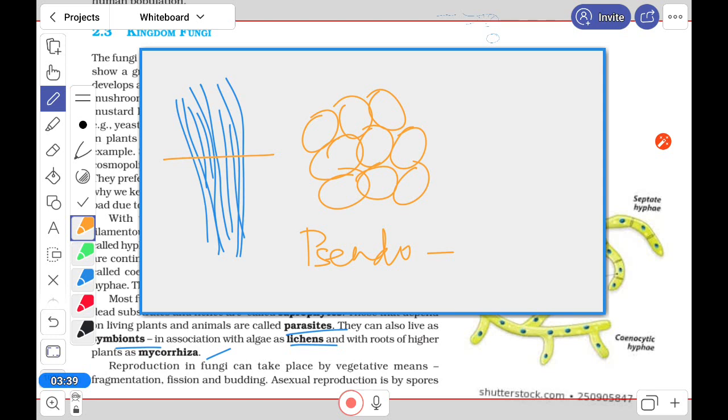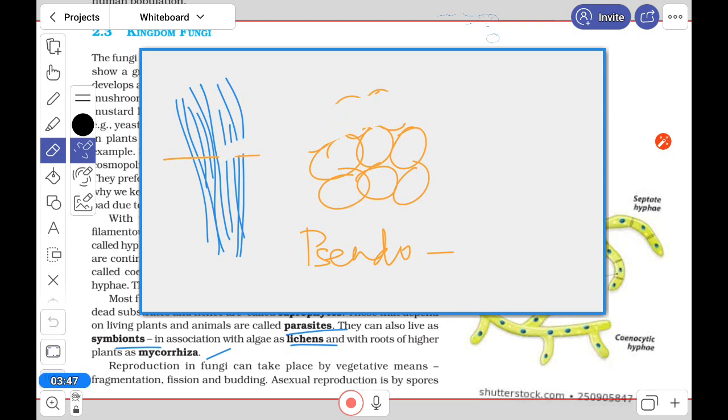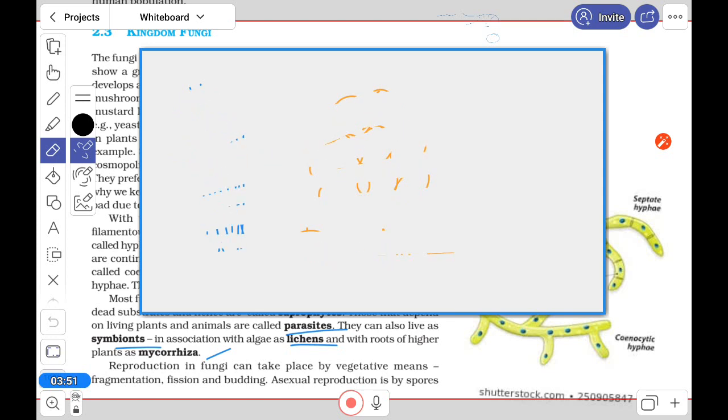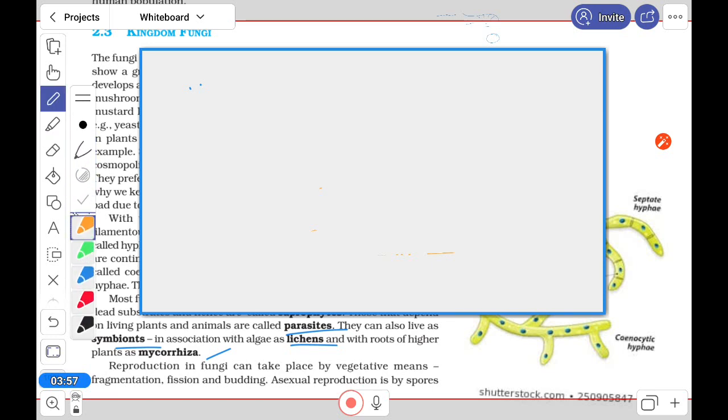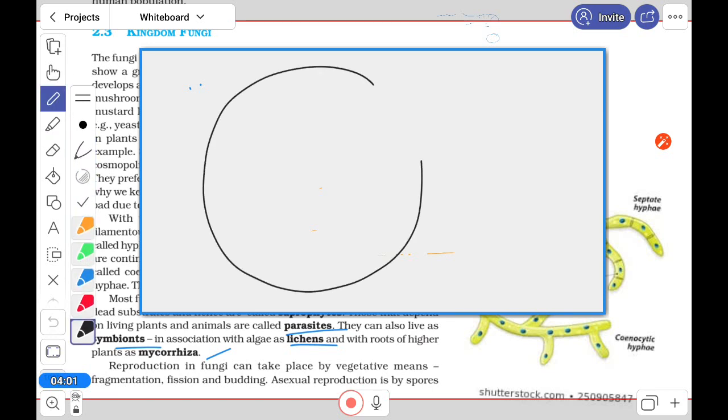Okay. Now, inside the cell, what can we see? I mean, in a fungal cell, what is there? Let us see. Suppose this is the cell.